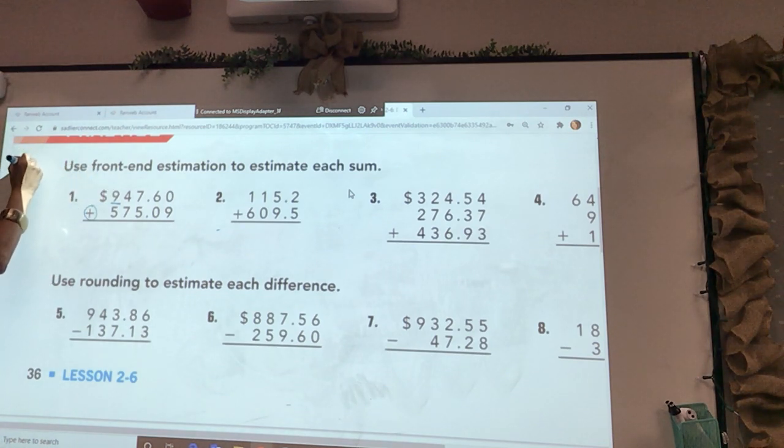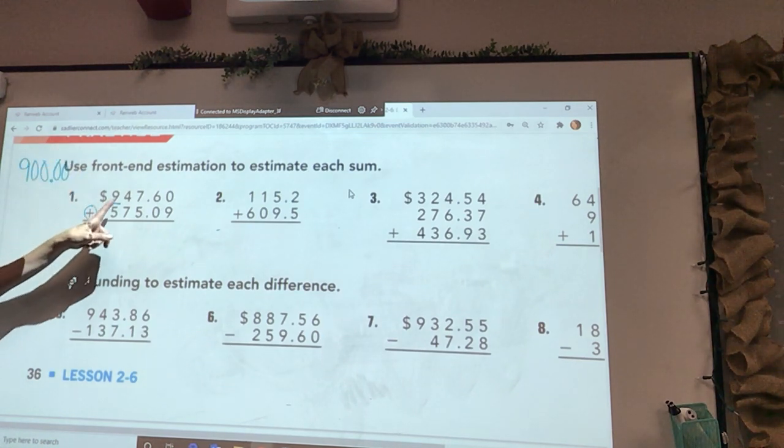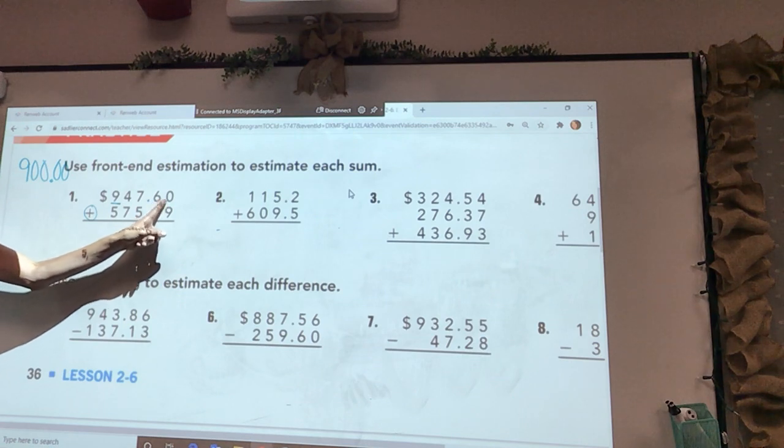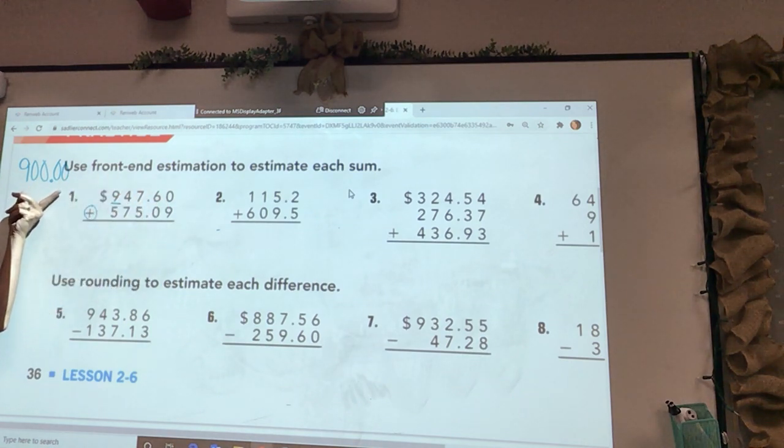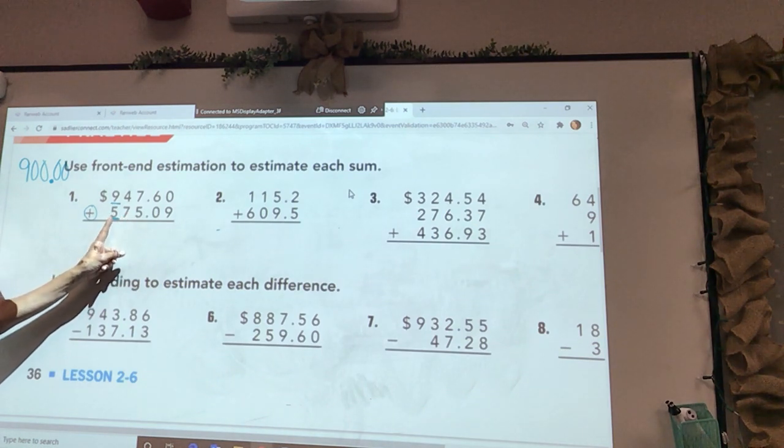I'm going to take 900. Do I need to say 0.00? It might be good because when you're dealing with money, you have those. But either way is fine. 900. If you're going to put a decimal point, put it right there. Now, this 575. The 7 tells the 5 to do what? Move up. 600.